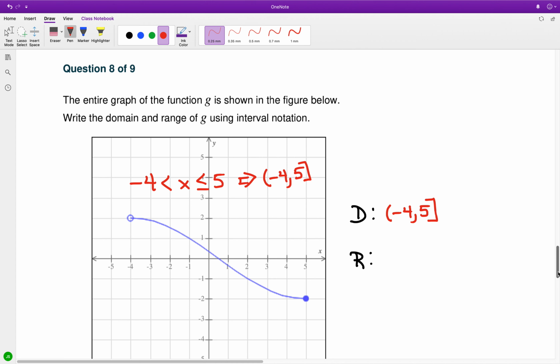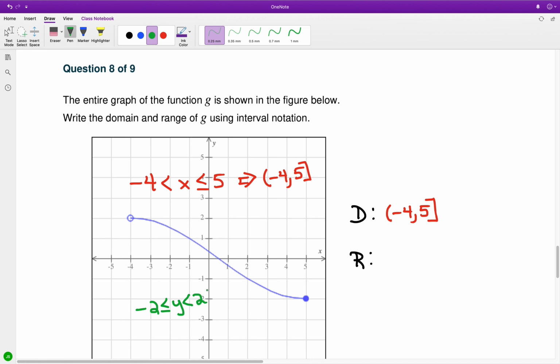Now, in the case of the range, you're looking at the set of y values. If you notice at the bottom, we have -2. It's less than or equal to y, and the graph is traveling upward, reaching a saturation point where we near, but do not quite reach, y is equal to 2.